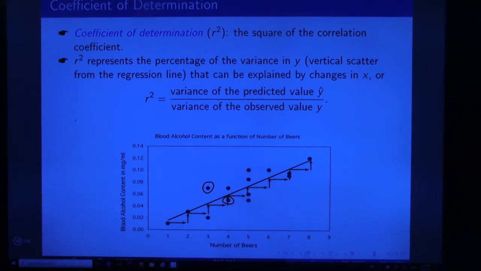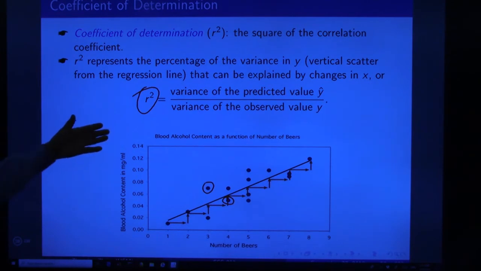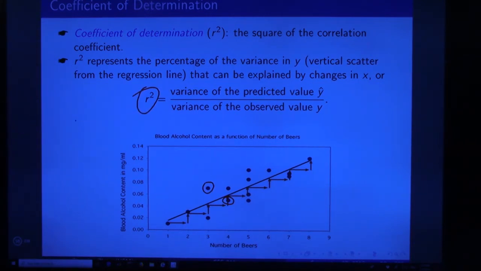And luckily, that is just R squared. We call this coefficient of determination R squared. So what is R squared? Is there any relationship with R, the correlation coefficient? Yes, that R is the correlation coefficient.